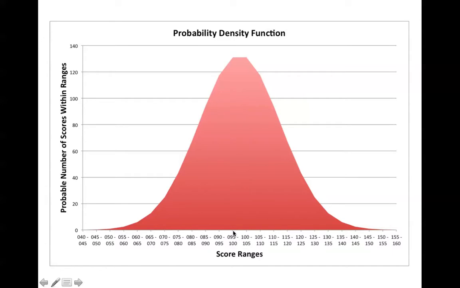So for instance, the likelihood that a person would fall in the range of 95 to 100 is about that stripe, right? That means you would expect approximately 130 people to fall into that range. And so on and so forth. You would expect approximately 80 people to fall into this range, and approximately 40 people to fall into this range.